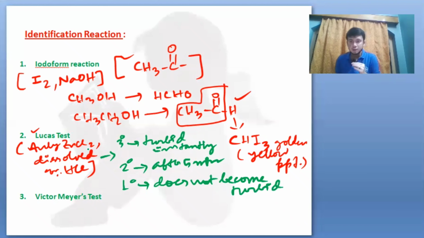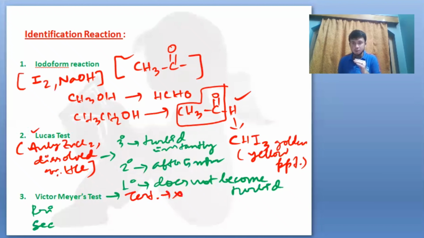Now there is another test, that is our Victor Meyer test. In the Victor Meyer test, two alcohols can participate, that is, primary alcohol and secondary alcohol. What is the alcohol that cannot participate here? That is tertiary alcohol.